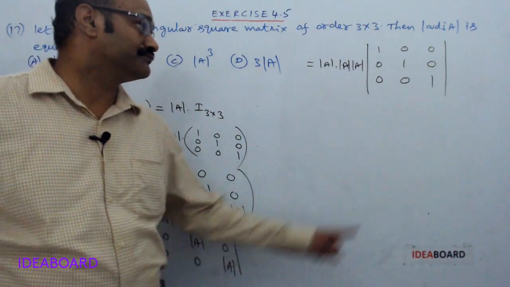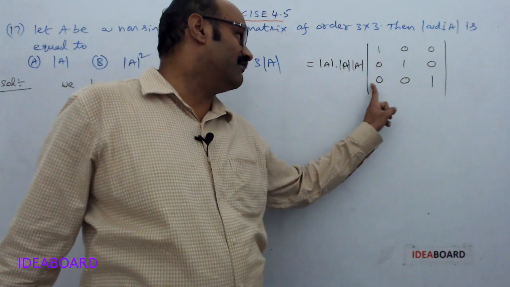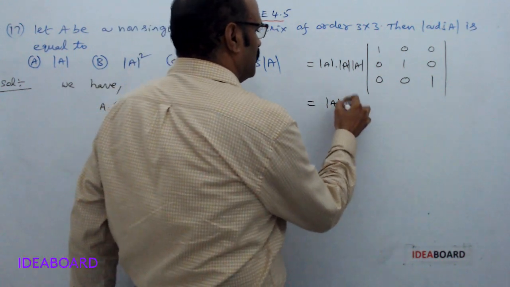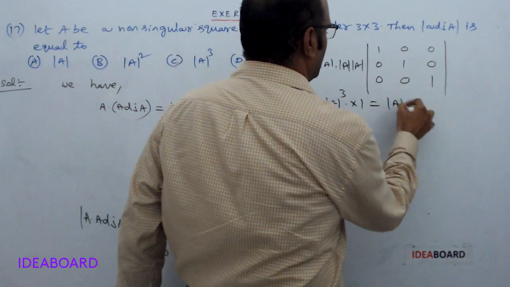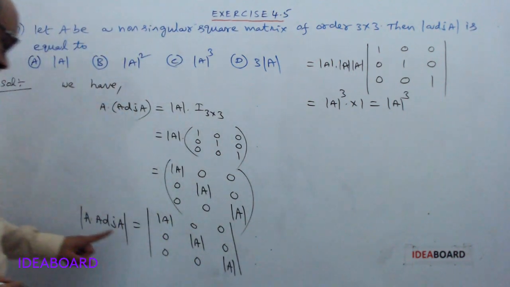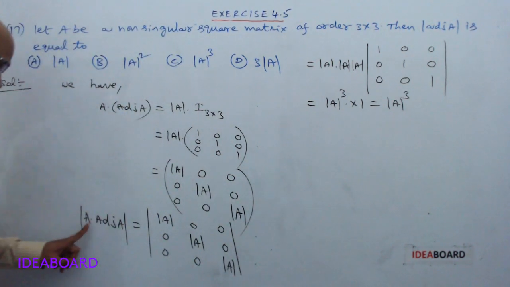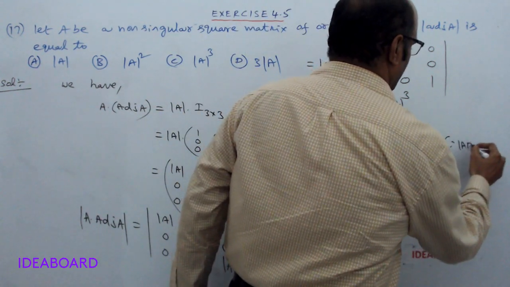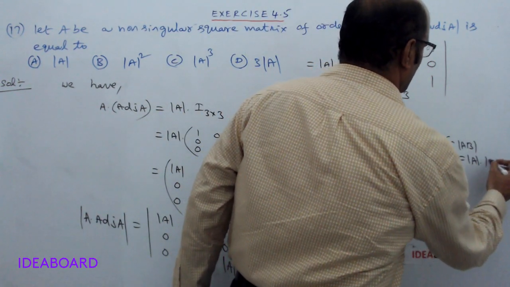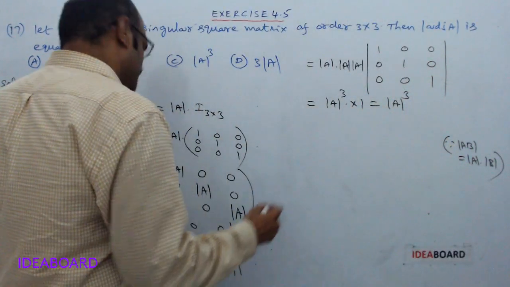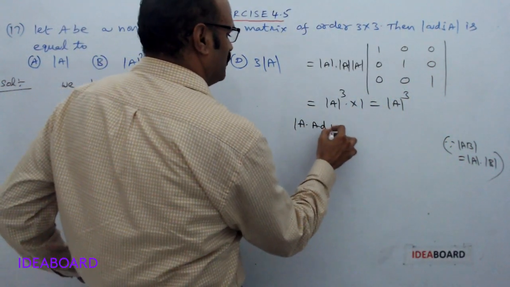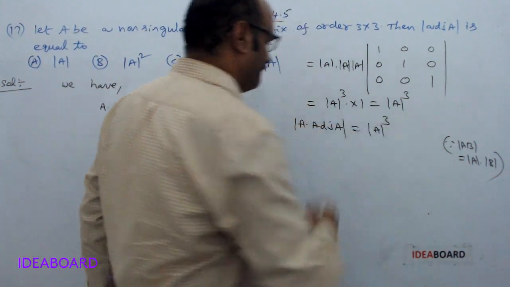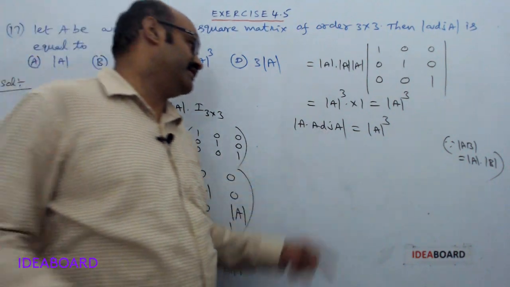We know that determinant of identity matrix is always equal to 1. So equal to det A whole cube into 1 equal to det A whole cube. We know that determinant of AB is always equal to det A into det B. Then here we have determinant of A into adjoint of A equal to det A whole power 3.